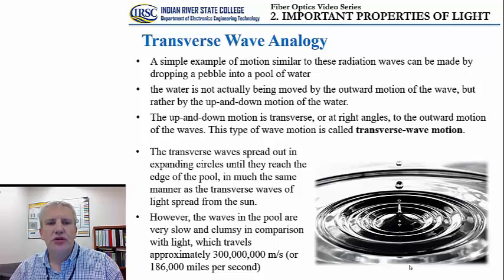So the water is going to be oscillating or vibrating, but that vibration is going to be taking place in an up and down direction, while the wave is going to be traveling in an outward motion, from the center, from the source of the wave, which is where the pebble got dropped into the water.